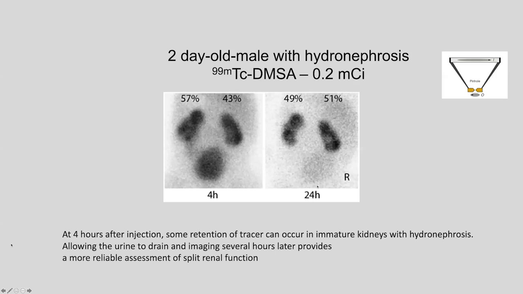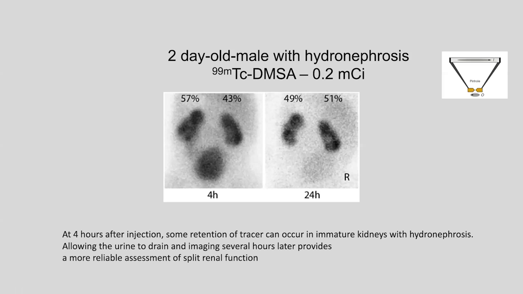And in this patient, waiting 24 hours, the image shows no retention of tracer anymore in the pelvicalyceal system, and it's all clear, and the distribution now is more faithful than on the 4-hour. So you have a 50-50% distribution, while on the 4-hour image, the left kidney appeared to have more function than the right, but that was not the case.